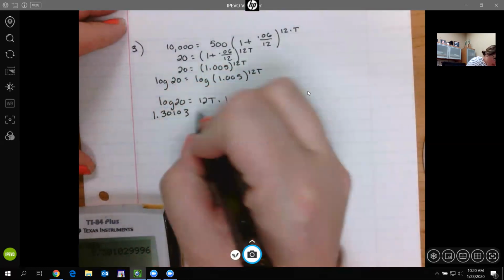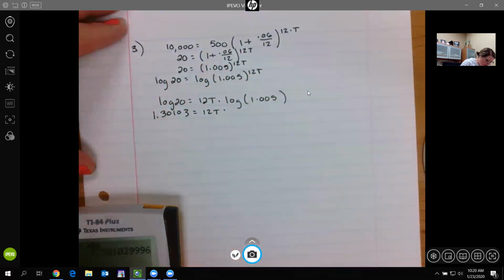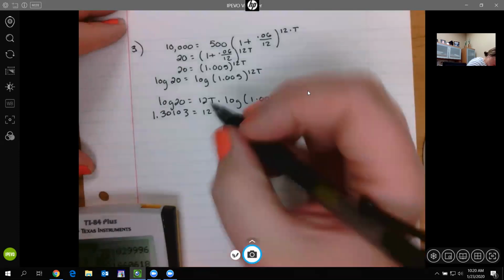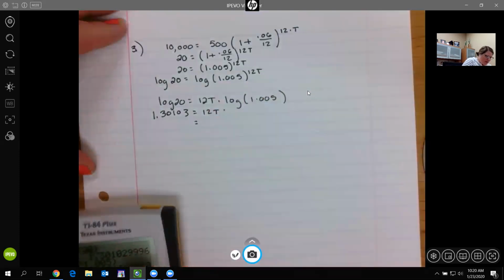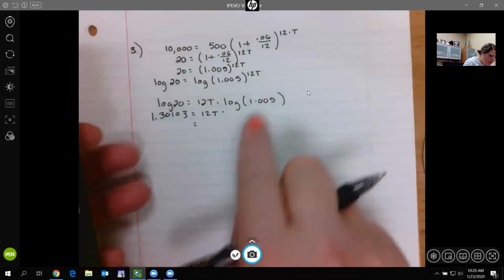1.30103. Okay, over here I still have this 12t, and now I have to calculate this log. So log of 1.005, and I get 0.002166. You can see that there. That's this number.